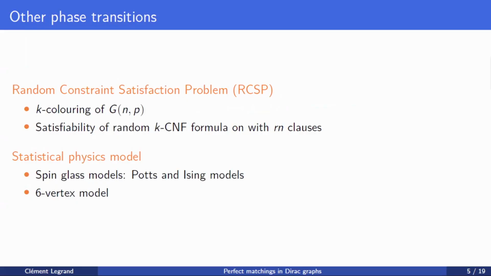If you're looking at random constraint satisfaction problems, the standard setup is, for example, you have a random formula, so you're taking clauses at random, and you're wondering how many clauses you can have on n variables before your formula becomes unsatisfiable with high probability.